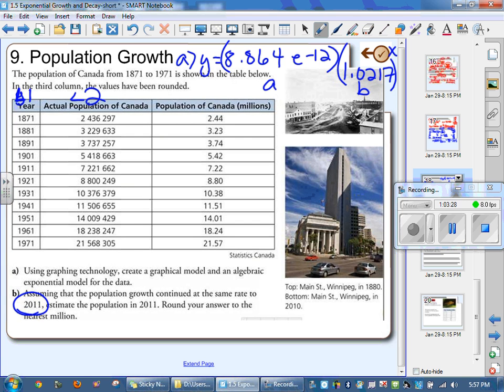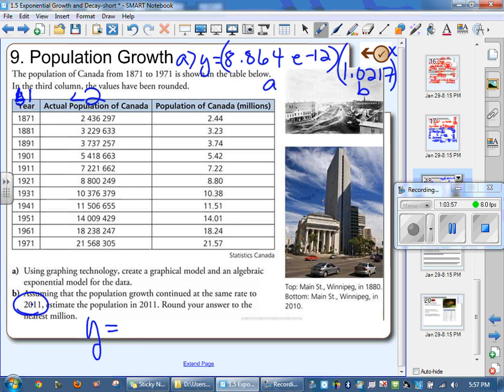We know the value of x equals 2011. So we're going to get our population to be equal to 541769664. So basically around 54 million. That's what they expect the population to be in 2011 at that growth rate.